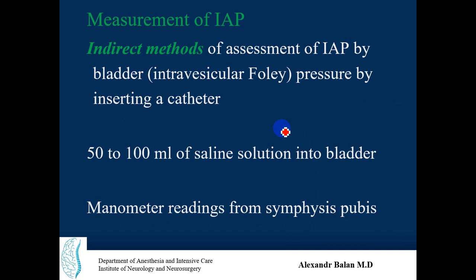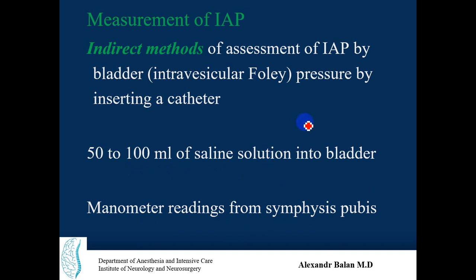So indirect assessment of intra-abdominal pressure is by bladder, through intravesicular Foley catheter insertion, and through a special tube which is fixed at the symphysis pubis, and up if we are measuring by centimeters of water, and increase column of water and we see which pressure is, or if you are measuring with a manometer, reading right at the symphysis pubis, we are inserting 50 to 100 milliliters of saline solution into the bladder that has to come out and rise in our tubes or make a pressure on the manometer.